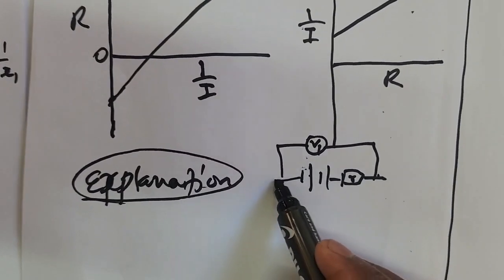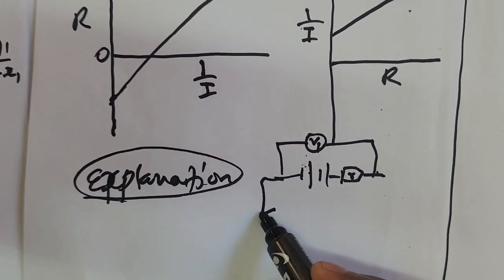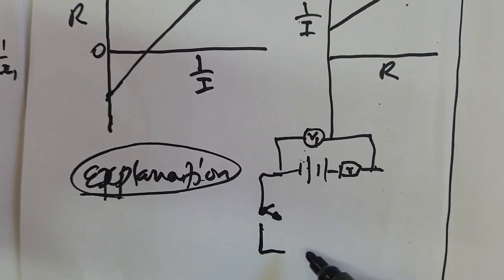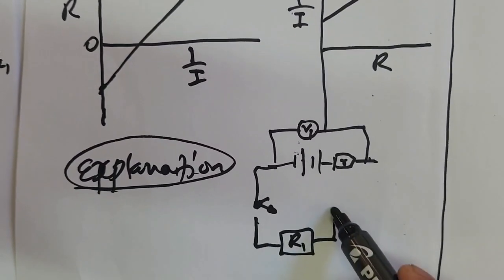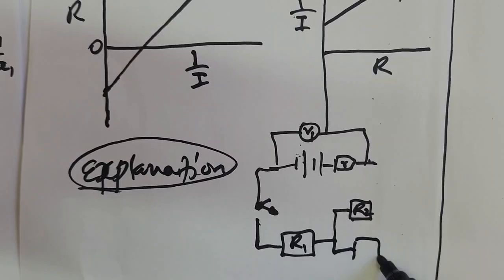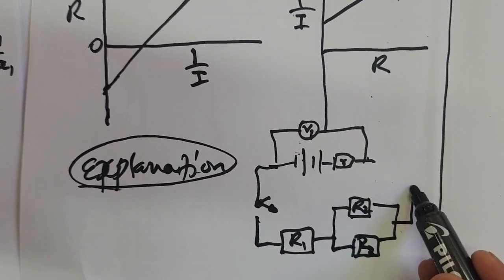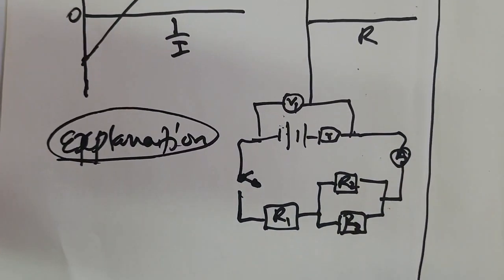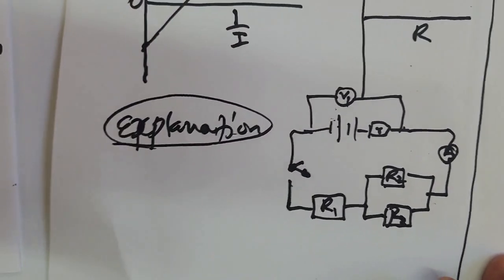Now this is the switch, and then let's say a resistor here, R1, and series parallel R2 and R3, and an ammeter, and this is the circuit. Now what's going to happen in this case?